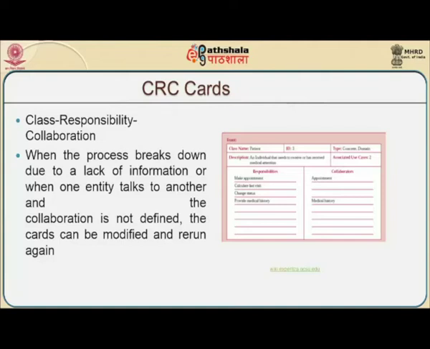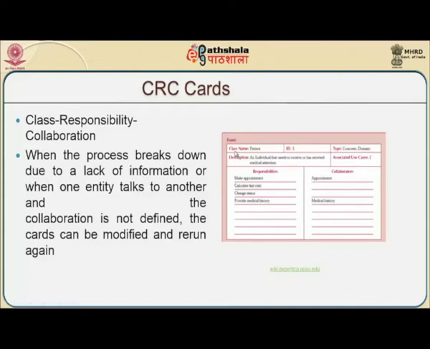When the process breaks down due to lack of information, or when one entity talks to another entity and the collaboration has not been properly defined, the cards can be modified and rerun again. If you look at this picture, there will be a list of class name, ID, type, description, associated use cases, responsibilities and collaborations. So this will be highlighted to the stakeholders and the facilitators.